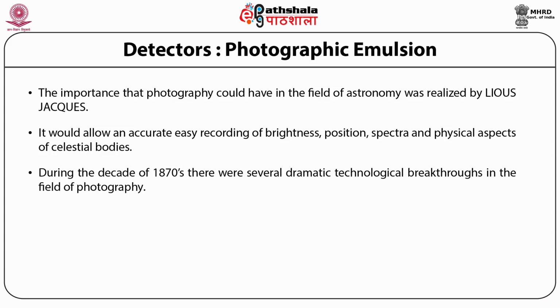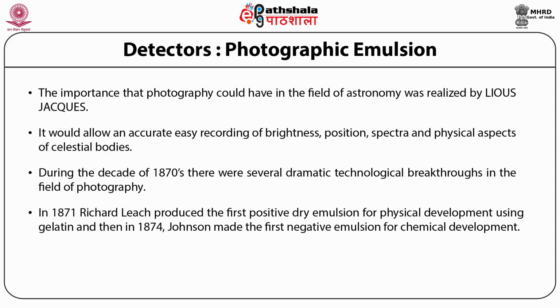During the decade of 1870s, there were several dramatic technological breakthroughs in the field of photography. In 1871, Richard Leach produced the first positive dry emulsion for physical development using gelatin, and then in 1874, Johnson made the first negative emulsion for chemical development.